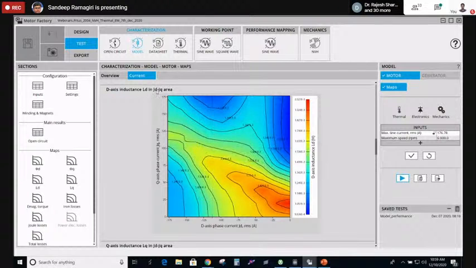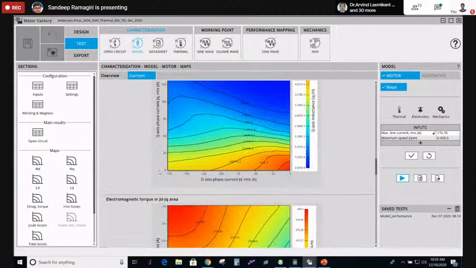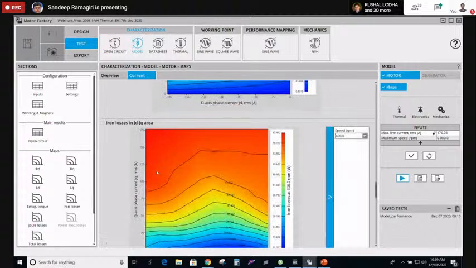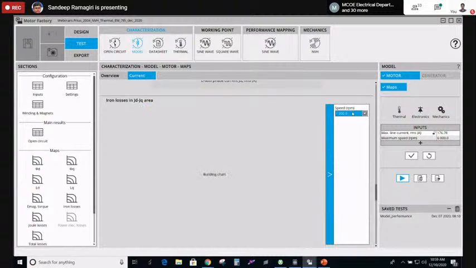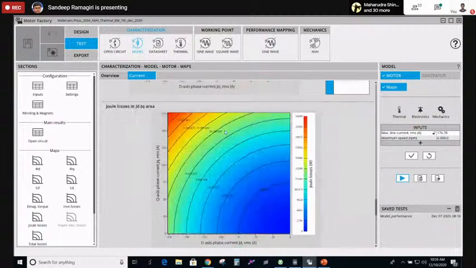So you see d-axis inductance in Id and Iq, q-axis inductance in Id and Iq, electromagnetic torque in Id and Iq, and iron losses in Id and Iq. We can also vary the RPM, and you can see the iron losses for a particular RPM on the Id and Iq plane.